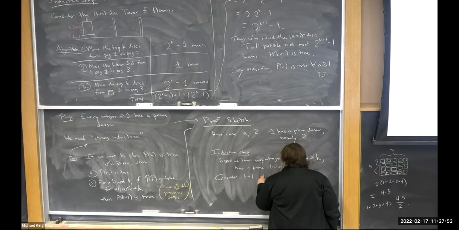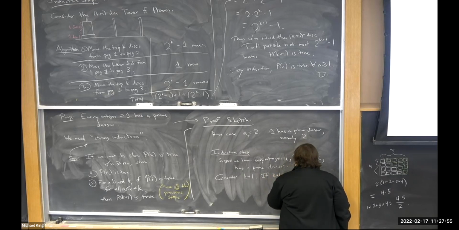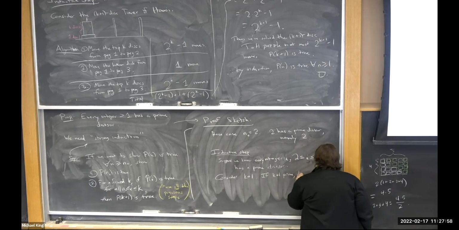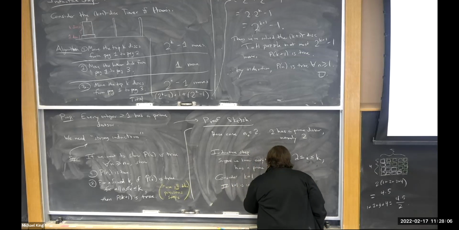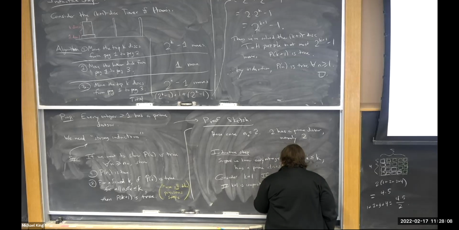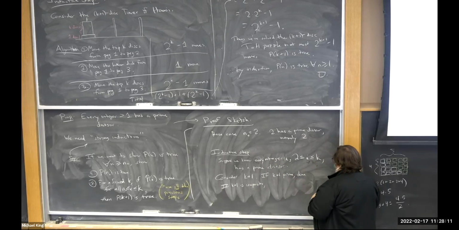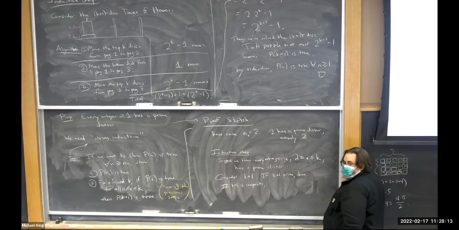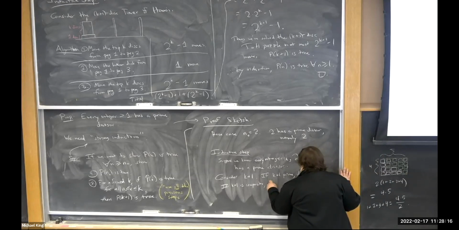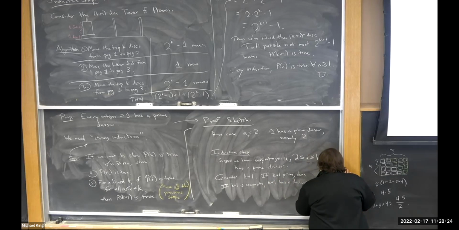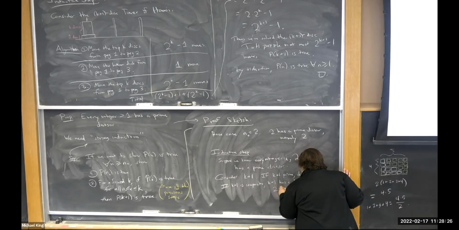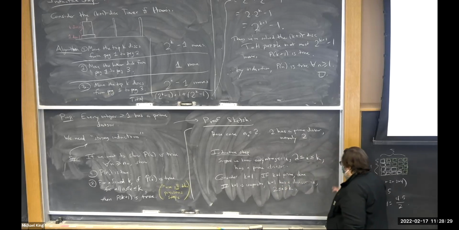So if k plus 1 is prime, then it has a prime divisor, done. If k plus 1 is composite, then I could say there exists an i in this range such that i divides k plus 1, right? But let's just say it in words. K plus 1 has a non-trivial divisor i satisfying that, right?